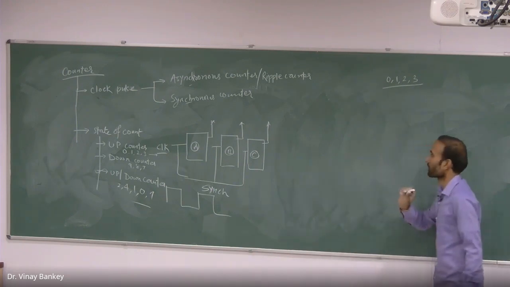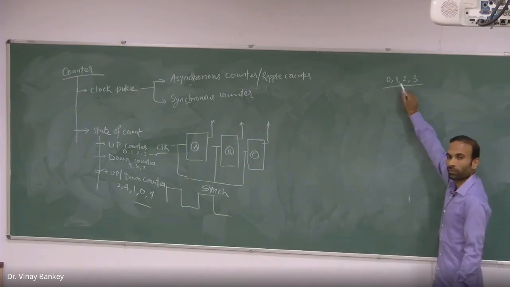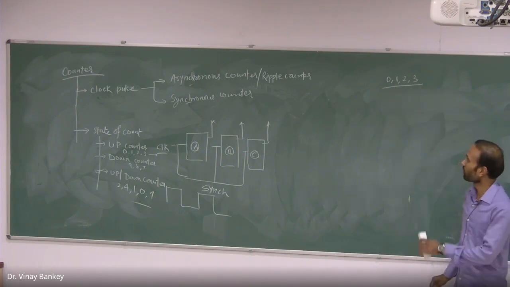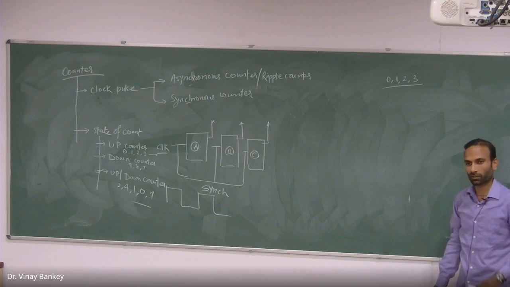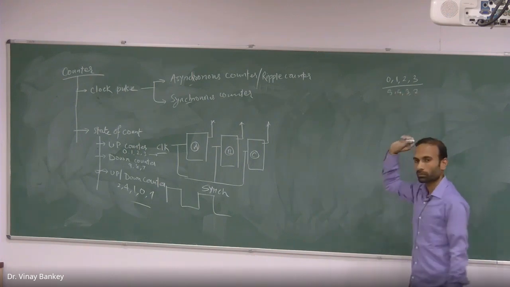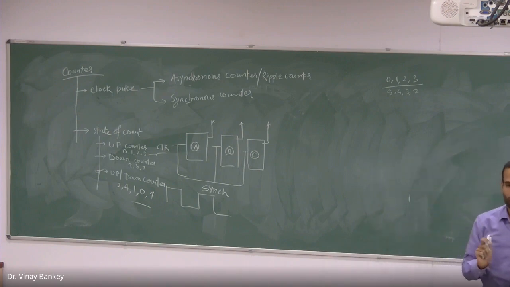This will be the question: design an up counter which will count these states 0, 1, 2, 3. So we'll solve this type of question from the next class. They may say design a down counter which will count from 5, 4, 3, and 2. And they will specify which type of flip-flop you should use.